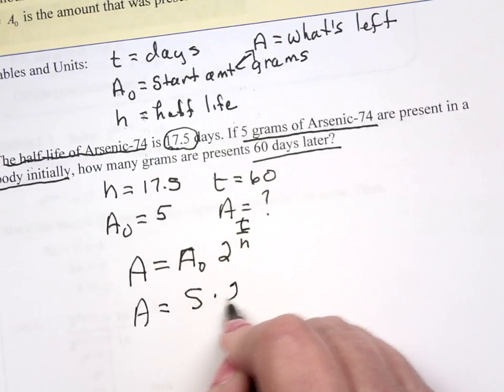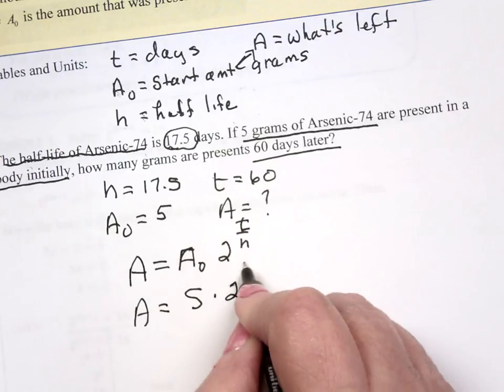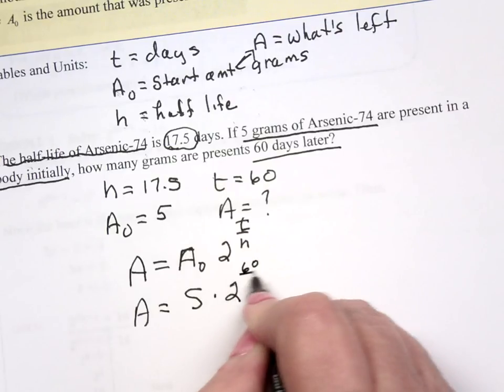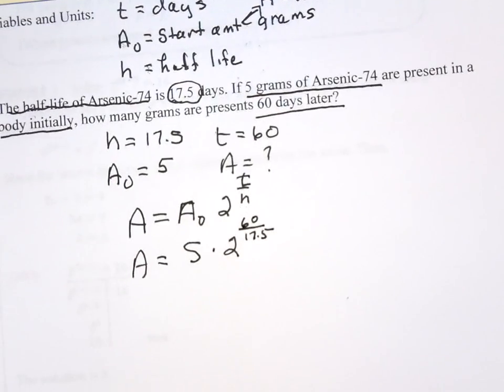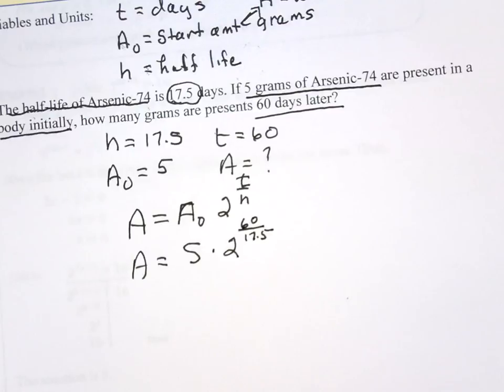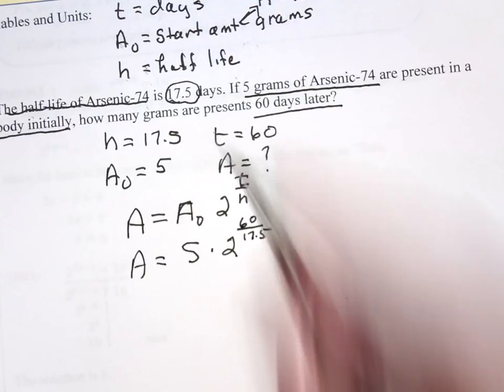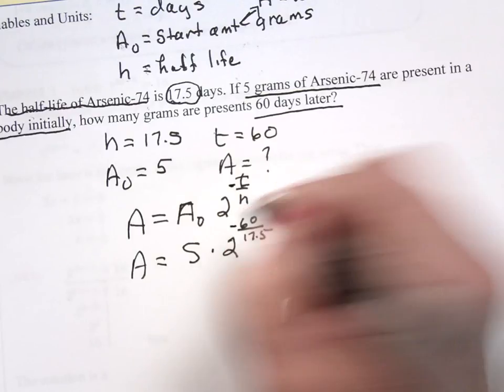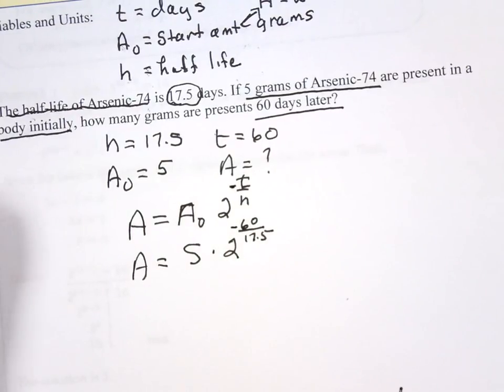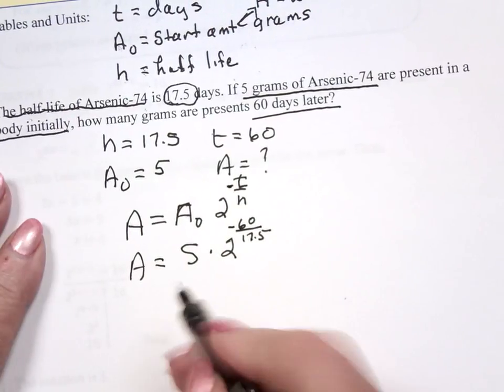Times 2. T is 60 over H, which is 17.5. And it's negative. The formula is negative. That makes sense. And I'll explain to you why.